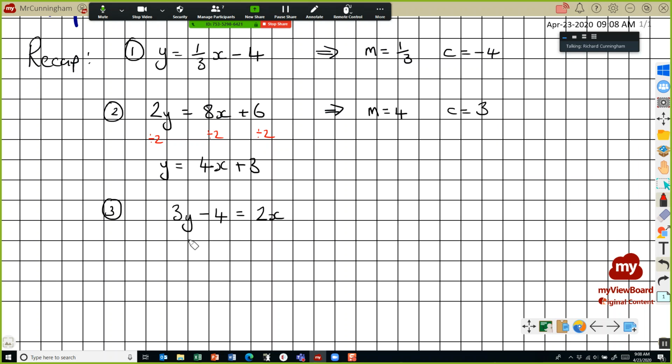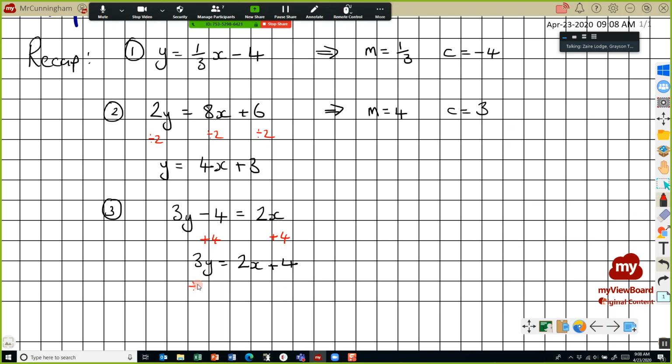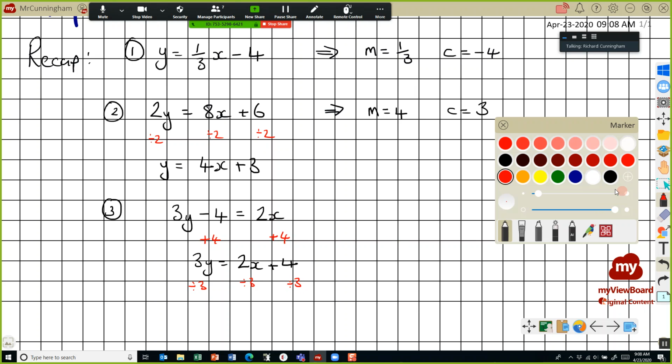So how could I rearrange this? How do I move this to the other side? Add 4 to both sides, good. And so that gives me that, and then we have to divide everything by 3. So what does that give me?